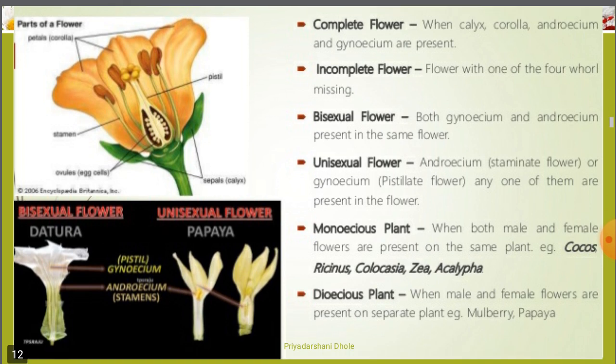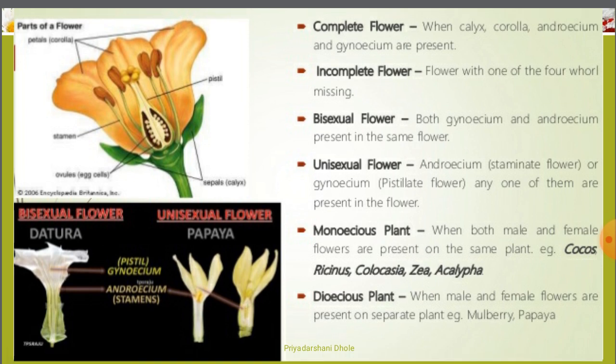Now flowers are again of different types. The first one is a complete flower, when calyx, corolla, androecium, and gynoecium are all present. An incomplete flower is one where one of the four whorls is missing. One of the parts of the flower is missing, therefore it is called an incomplete flower.